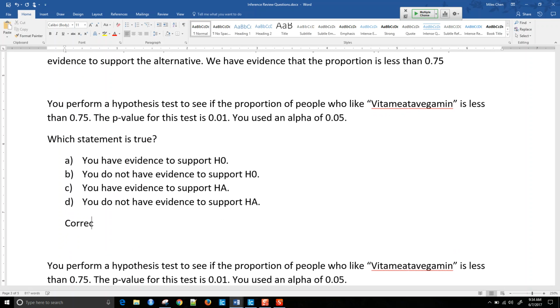Yes? You do not have, so B is, how do we say? Because the evidence is always used to argue for the alternative. So for example, in a criminal trial, it's the prosecution's job to present evidence to convince the jury that the defendant is guilty, okay?